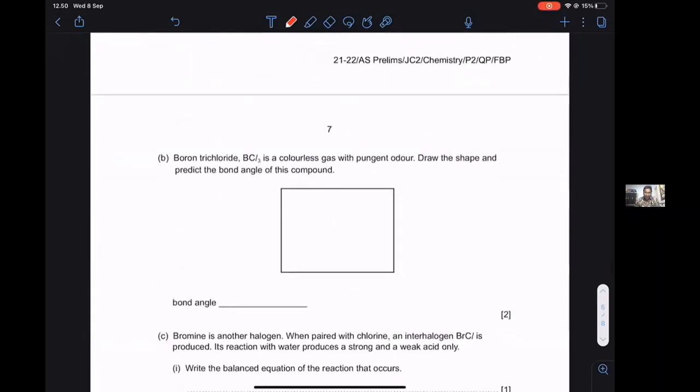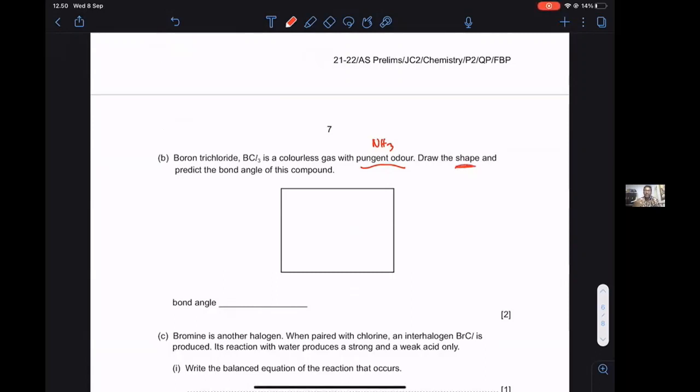Next, boron trichloride is going to be a colorless gas with pungent odor. Another gas that is always pungent is ammonia. Anyway, draw the shape and predict the bond angle of this compound. If you write down drawing shape, you do not need to show all the electrons.